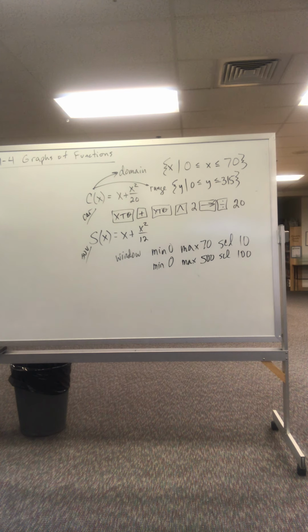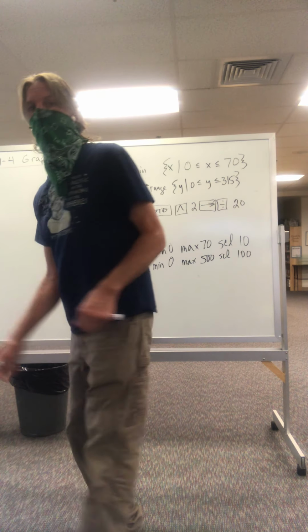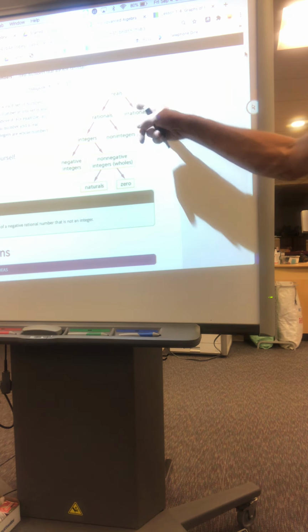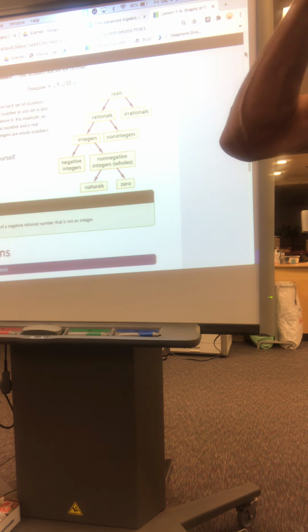So in terms of other information you need to know, this is big here. On page 29, there's a breakdown. So reals get broken down into rationals and irrationals. Do you remember what rationals are?